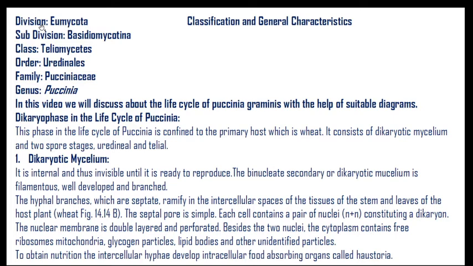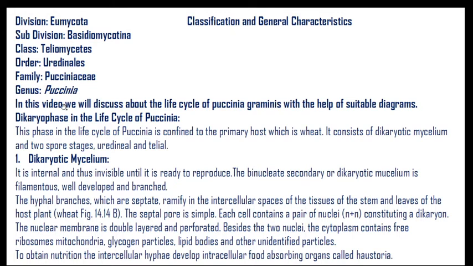First of all, division: Puccinia graminis is included in Eumycota, then subdivision Basidiomycotina, class Teliomycetes, then order Uredinales, and finally family Pucciniaceae, and the genus is Puccinia. Then the species is graminis.